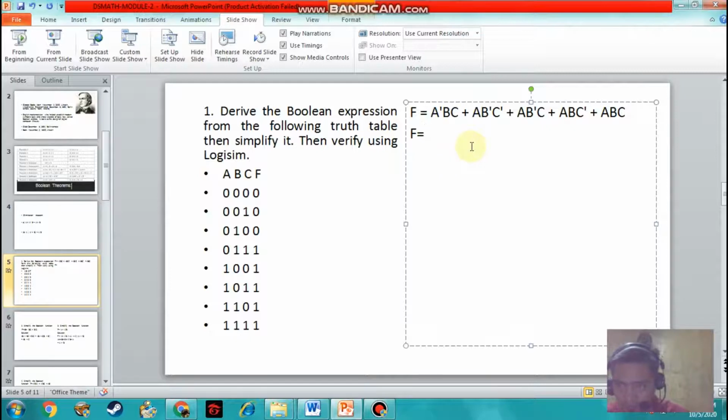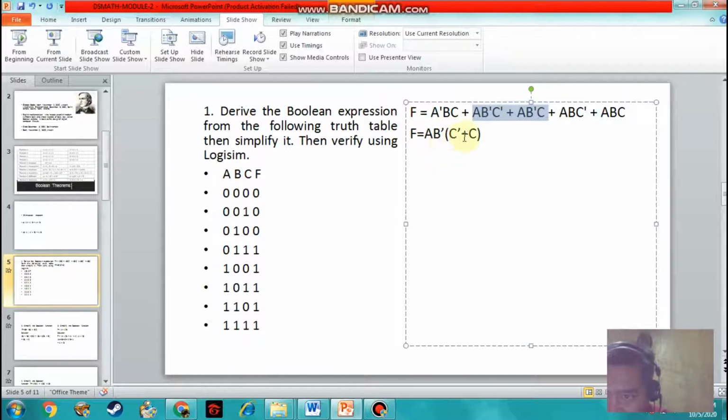AB prime, AB prime. Factor out natin yung factors nila. C prime plus C. So, ano ibig sabihin nito? Ito yung tinitignan muna natin kasi sila may pareho eh. AB prime, AB prime. Factor out. So, AB prime, C prime. AB prime, C prime.